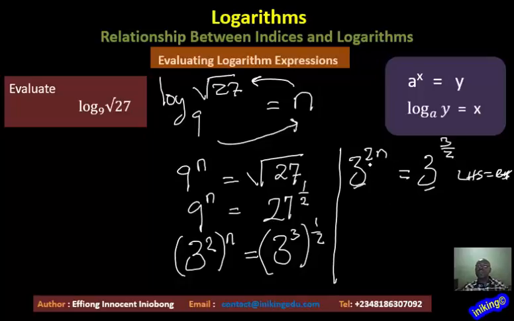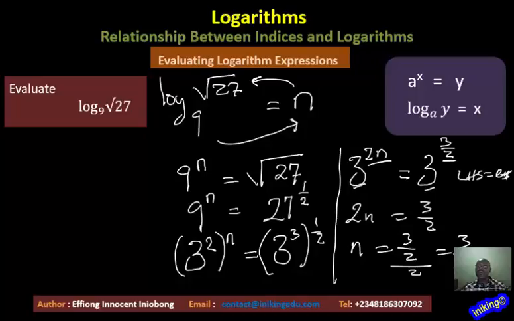Therefore, the exponents must be the same. So my 2n is equal to 3 over 2. Dividing both sides by 2, I'll have n equals 3 over 2 divided by 2, which gives me 3 all over 4. Which means that the logarithm of root of 27 to base 9 is equal to 3 all over 4.